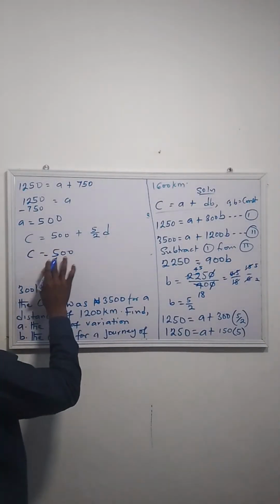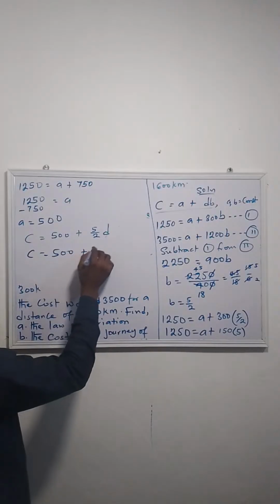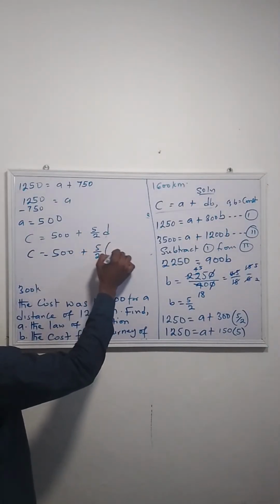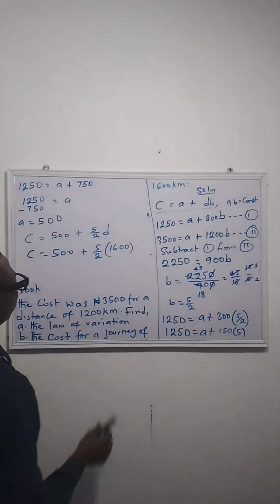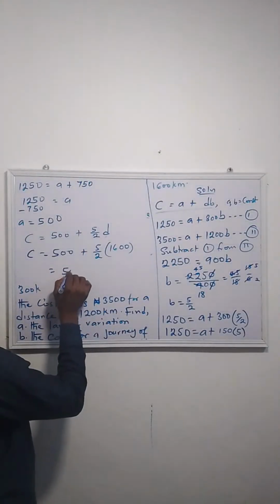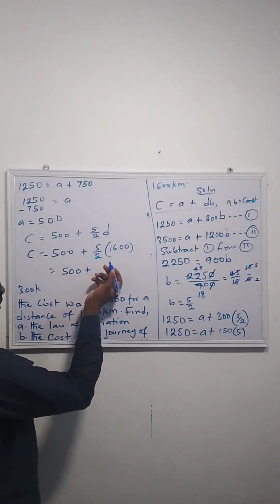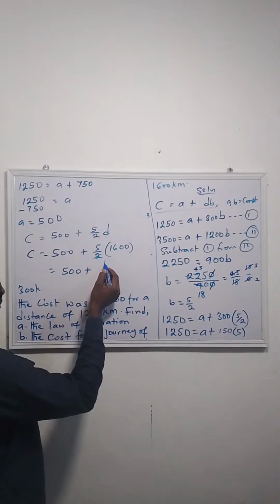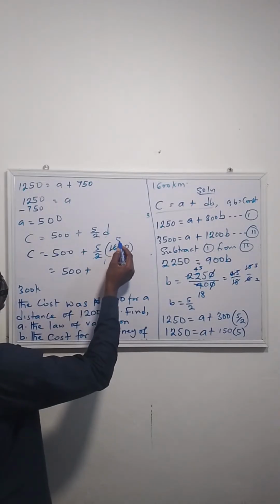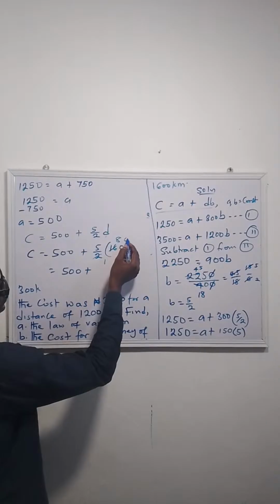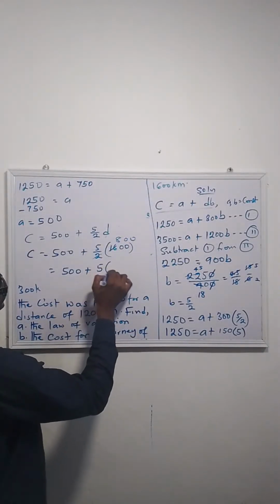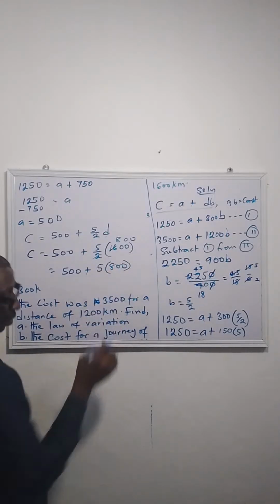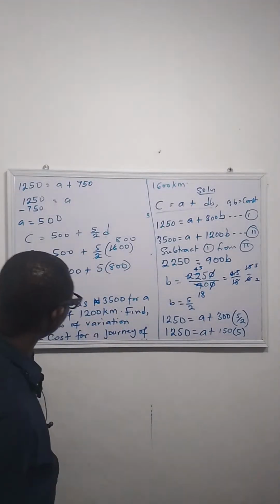We have 500 plus 5 over 2 times 1,600. Now let's reduce this. 2 goes into 16 eight times, and we have 0, 0. So that means we'll be having 5 times 800.